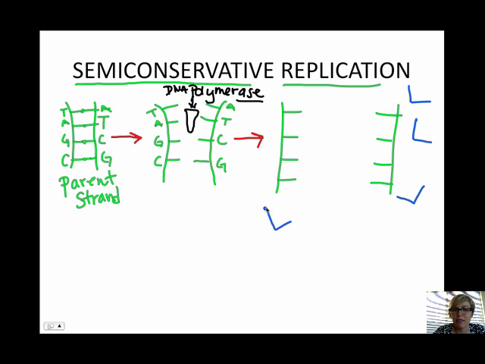So if this is our phosphate and this is our ribose, let's say our nitrogenous base would be adenine here, thymine here, guanine here, cytosine here. And these free-floating nucleotides, through the use of enzymes, which we're going to learn about, will eventually pair up with half of the parent strand.